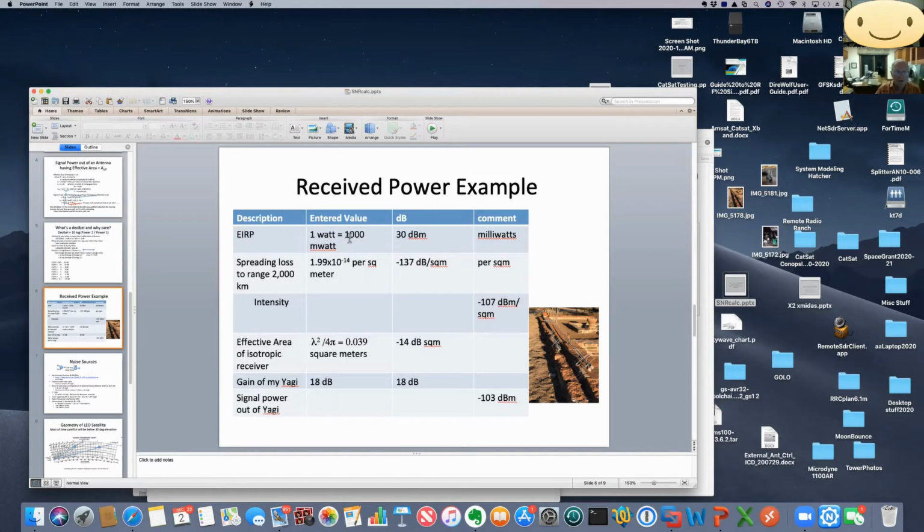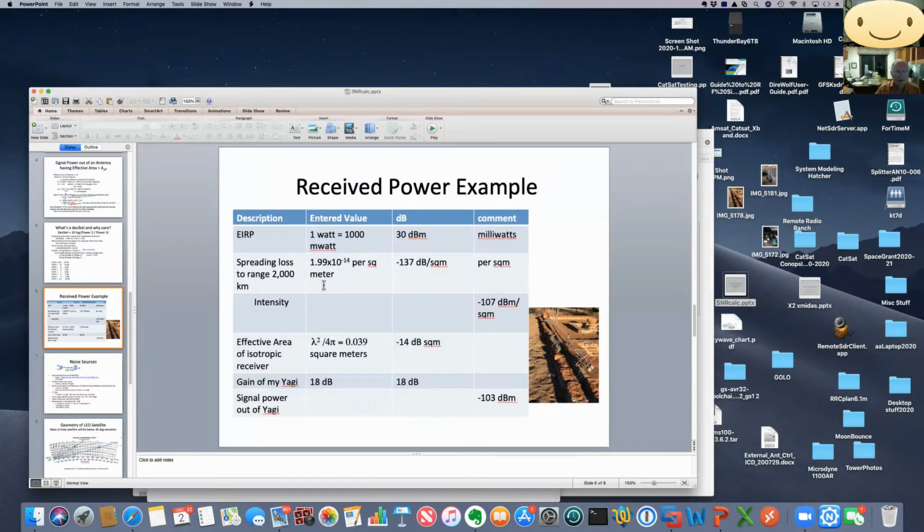That makes a lot of sense, doesn't it? If you express this in decibels above a watt, this would be 1, but we're going to express it in milliwatts, you'll see why later. So 1,000 milliwatts is 30 dBm, decibels above 1 milliwatt.